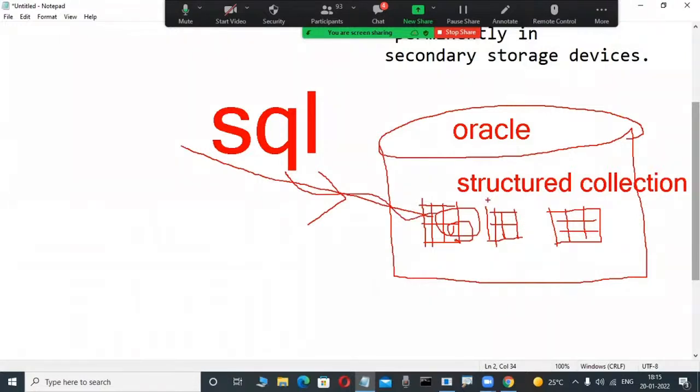But databases like MongoDB are different. There is no SQL there. It uses JavaScript-type languages, as you may know. Those skills are required there, but SQL is a separate language used to operate data in these types of databases.